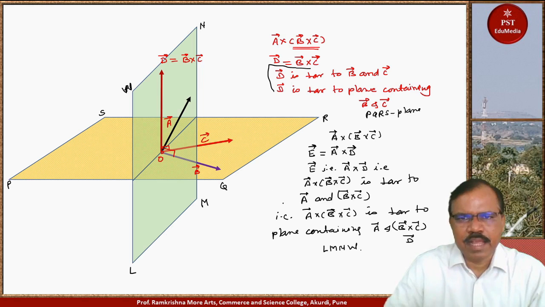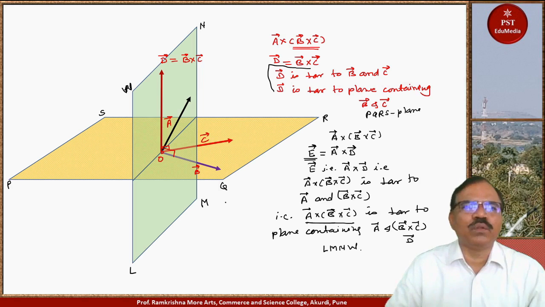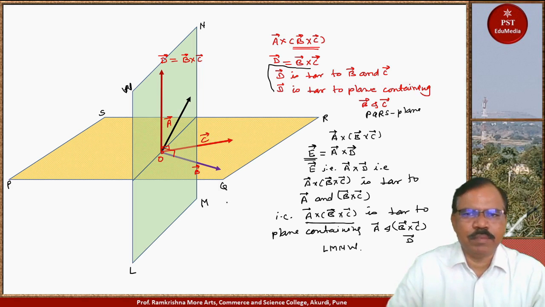And A cross B cross C, that is vector E, is perpendicular to this plane.